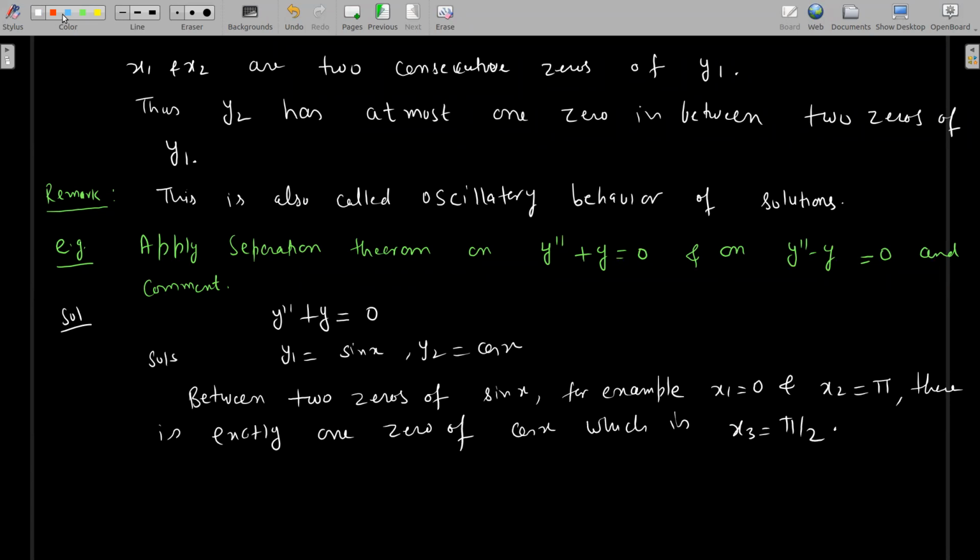And second point is also important. Second equation we have y double prime minus y equals to 0. अब इसके solutions क्या होंगे? y1 equal to e power x and y2 equal to e power minus x.